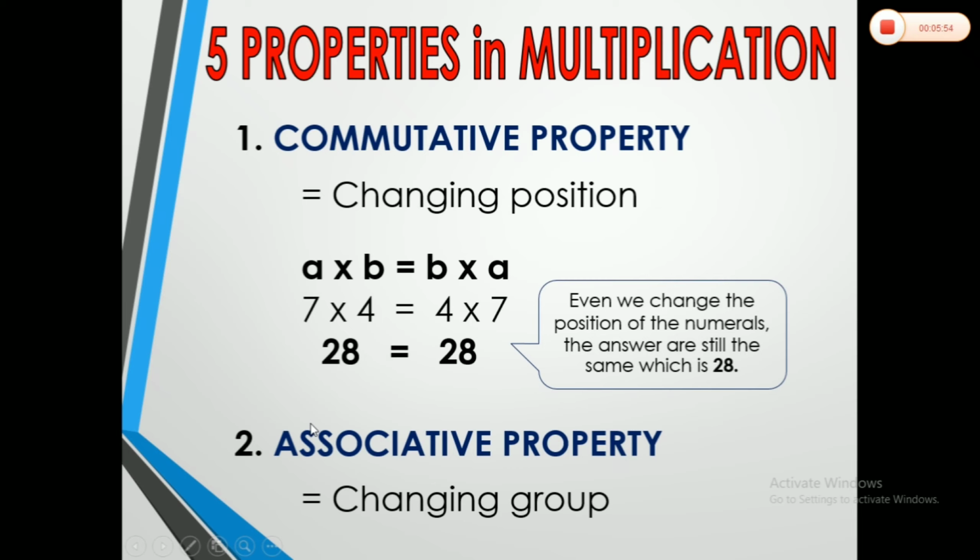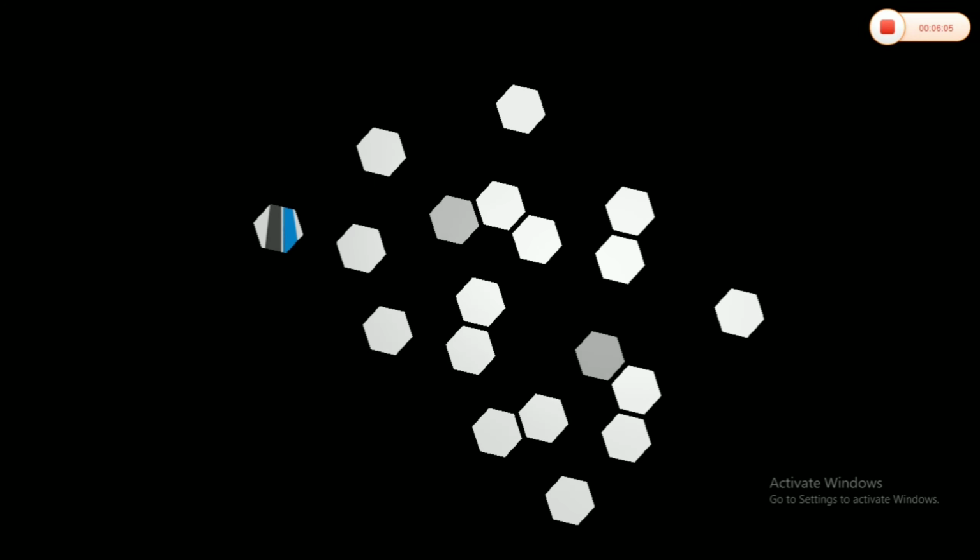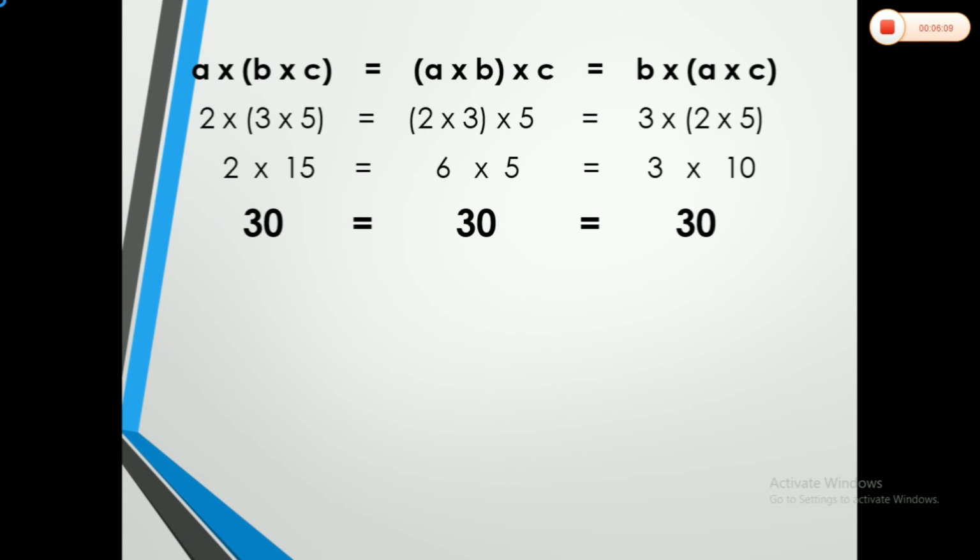The next one is what we call associative property. Associative property means changing group. So let's have an example of associative property. In associative property, they can even change their group.